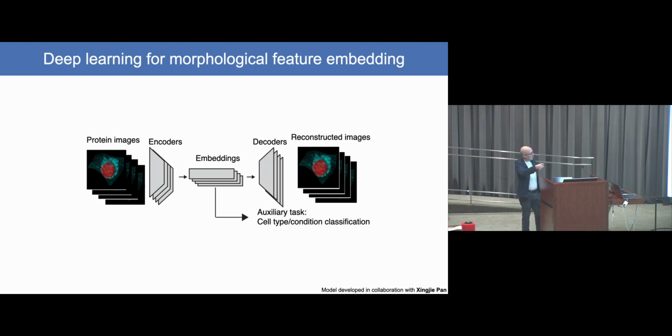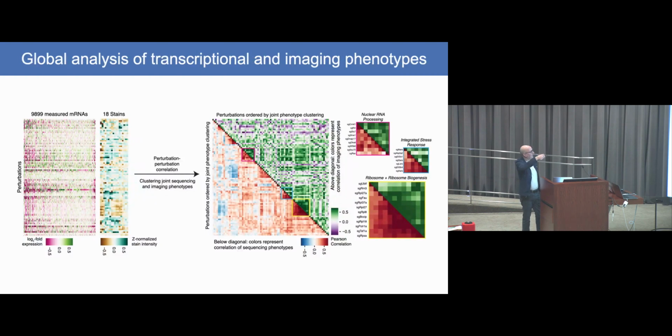But with this, as we did with the genotype-phenotype maps in vitro, for each perturbation, we can measure its transcriptional response and its response to these 14 proteins and 4 RNAs, and then order perturbations by their similarity, either by the sequencing phenotype or the imaging phenotype.